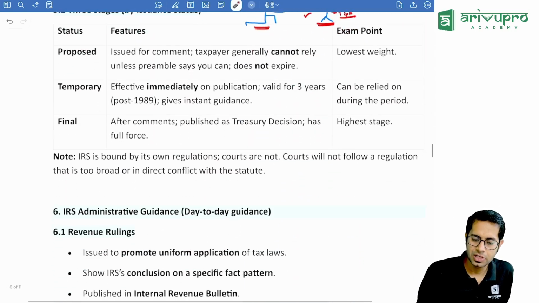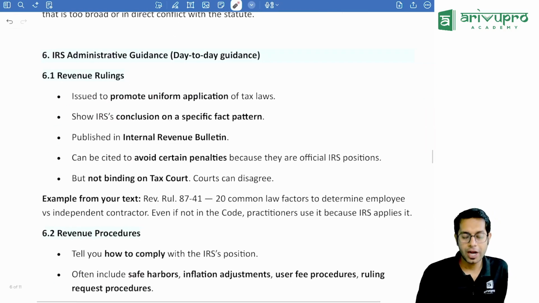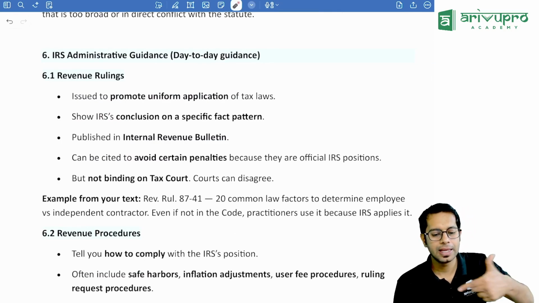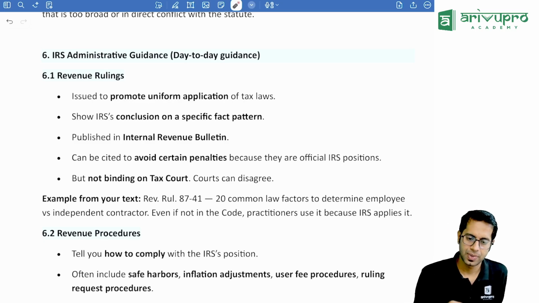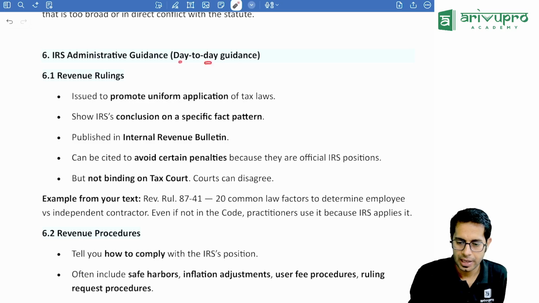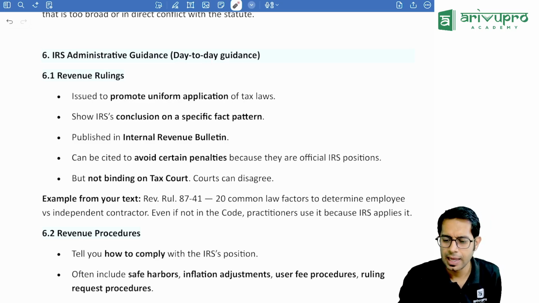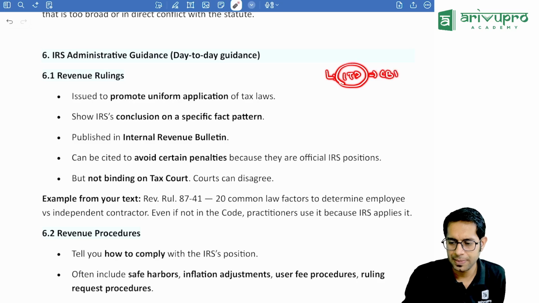Okay, IRS administrative guidance. Administrative guidance means that for the smooth running of the law, they may pass regulations. What are those regulations? IRS administrative guidance is day-to-day guidance. For example, in India, we have the Income Tax Department, which is nothing but the board, CBDT.